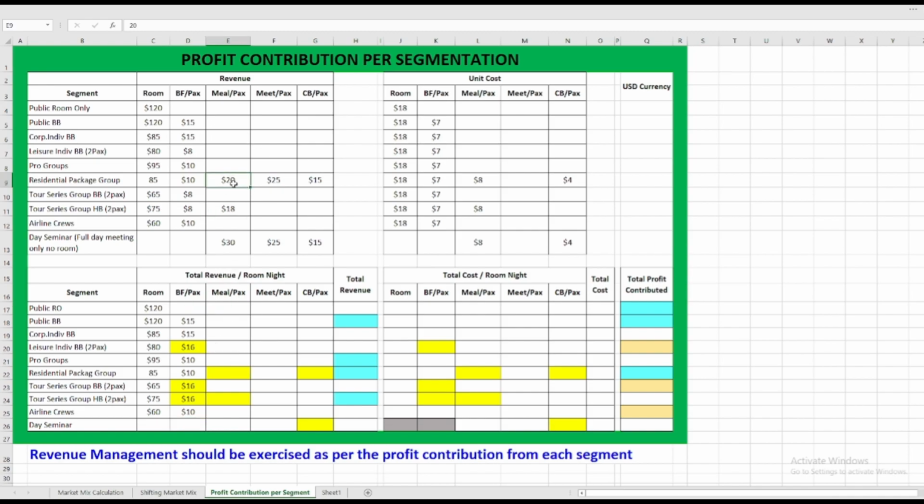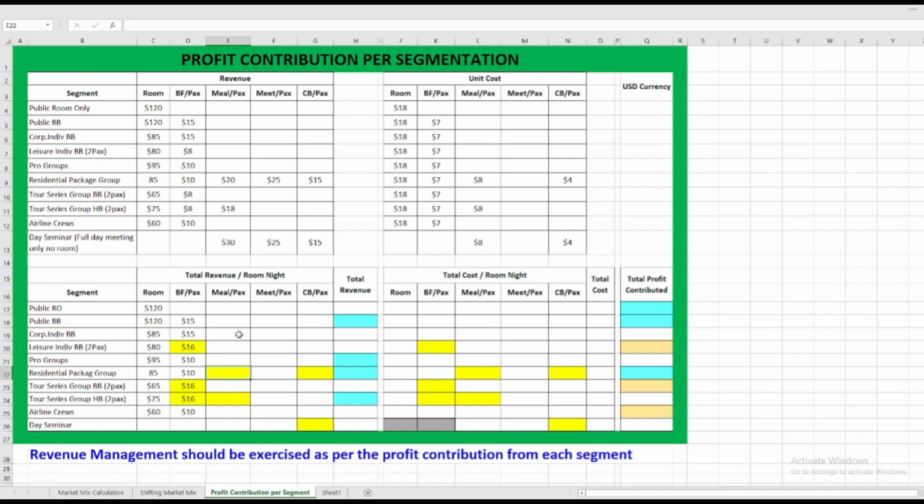Residential group package, the meal allocation is $20 per person, that includes breakfast, lunch and dinner, so $20 revenue breakdown per person, times 2 meals is $40.